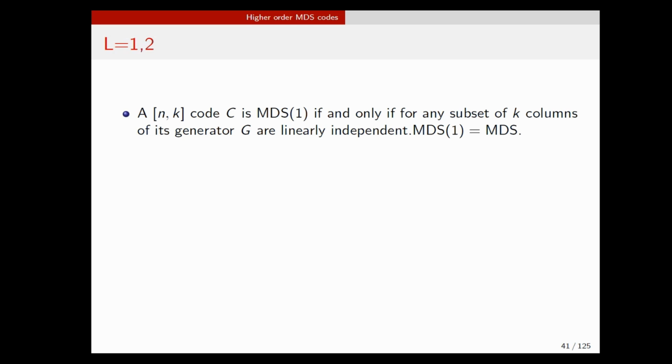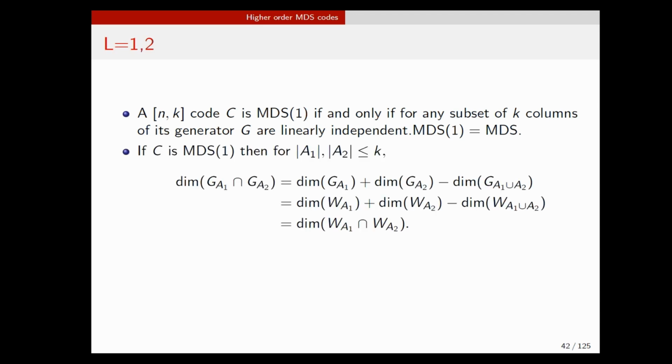And that theorem is generalizing the fact that MDS codes are the codes that achieve the singleton bound in unique decoding. Okay, now here's something slightly surprising. Let's say we take an MDS1 code, and now let's try to understand the MDS2 property. Let's look at the dimension of GA1 intersection GA2. If we use inclusion-exclusion for two subspaces, this is going to be the dimension of GA1 plus the dimension of GA2 minus the dimension of GA1 union A2.